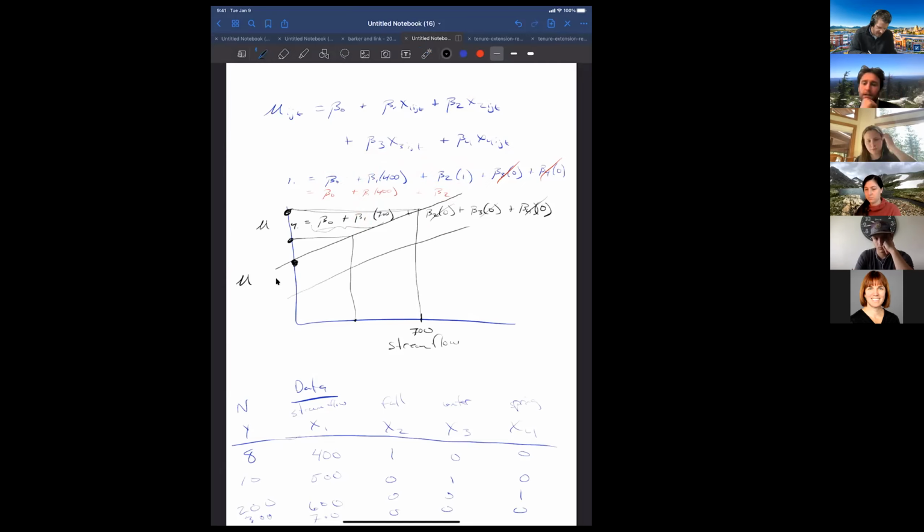So if beta 2 is negative by this amount, it's going to lower the intercept relative to what it was for summer. So this is summer, and then this is fall. We're going to have an overall lower relationship between expected nitrogen content and stream flow.